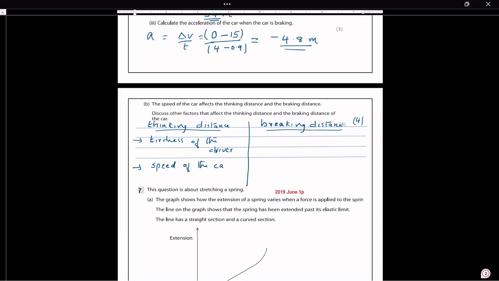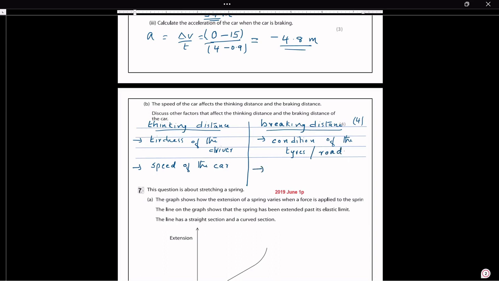car, thinking. And the braking distance, it is the condition of the tires or the condition of the road.